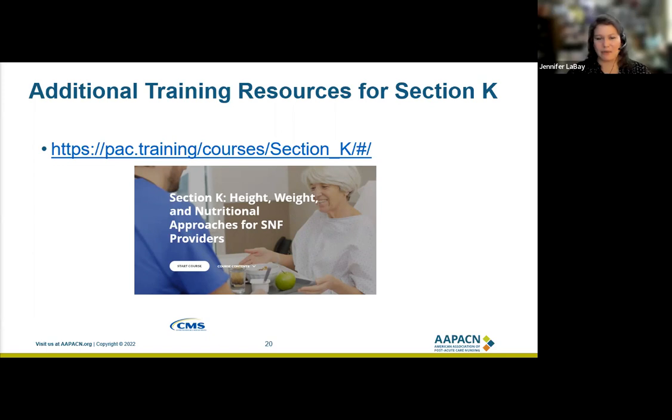Basically what we're looking at with these therapeutic diets is, are we giving them this diet to alter or prevent something physically in their body? So that may need to be a further discussion between your dietitian and the physician, perhaps, to say what is the reason behind this.